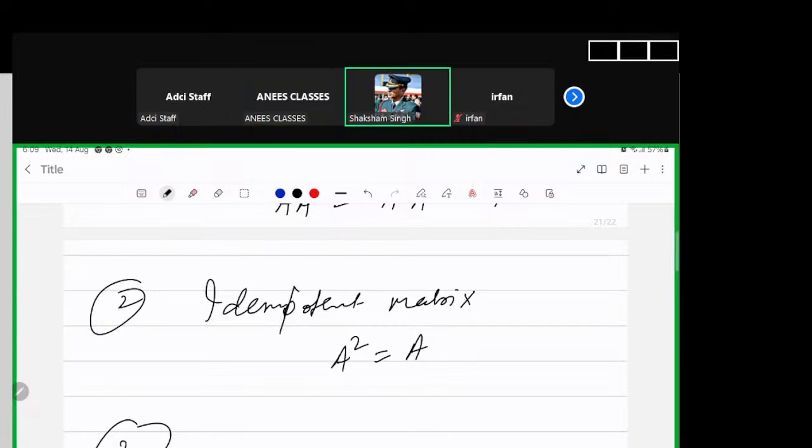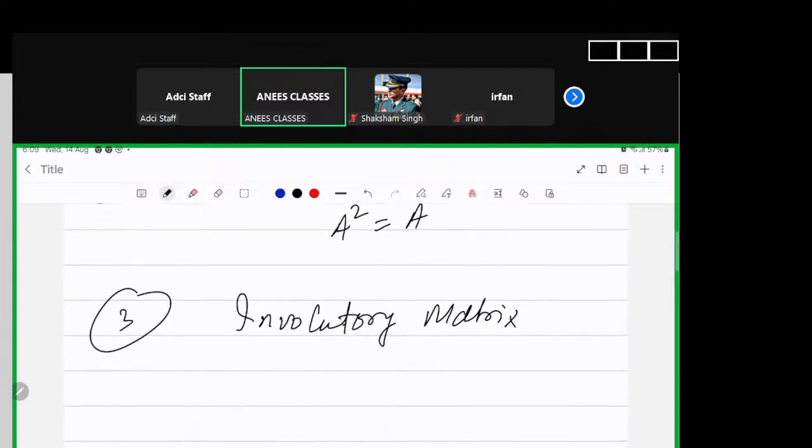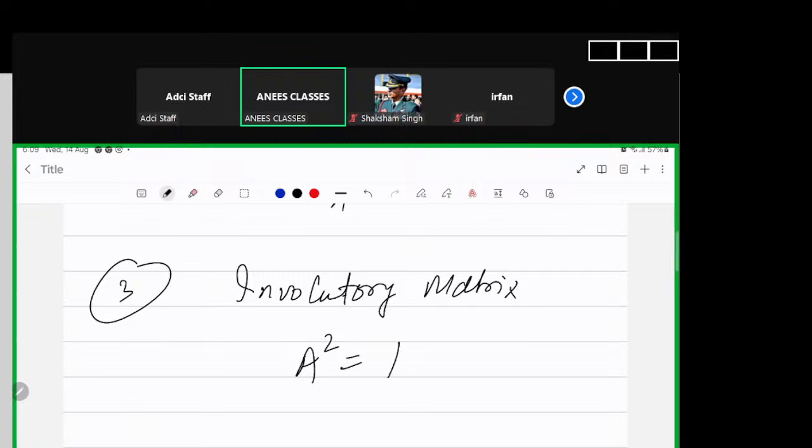Yes, sir. Now involutory matrix. Involutory matrix. When you find A square as a unit matrix, then the matrix is called an involutory matrix. Understood? Tell me. Yes, sir.